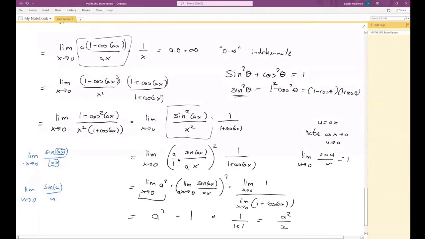But I just noted that if x goes to 0, then so does a number times x. That way, if you let u equal ax, then you can use that special trig limit. Okay, thank you. I think that's enough of those special trig limits though, so let's move on. What's next?